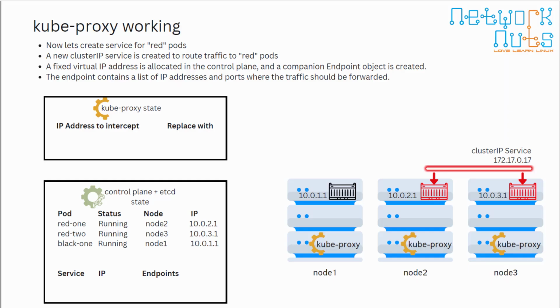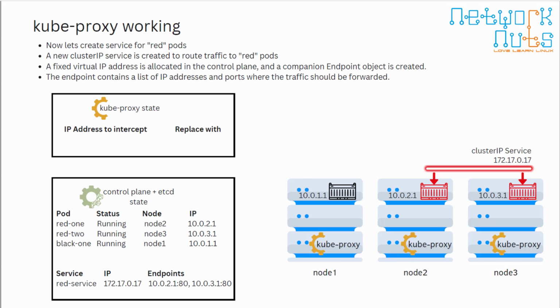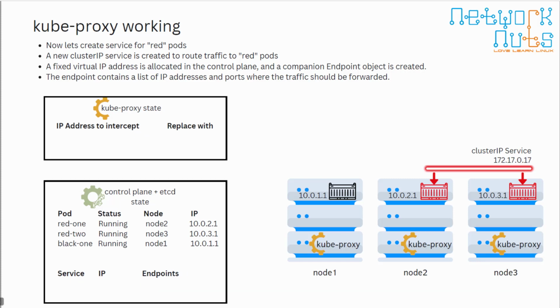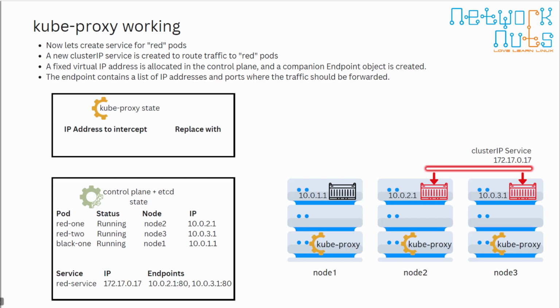Once the service is created, this got updated in my etcd, right? That we have a new service which has got these endpoints. Please understand this. This is before creating the service. Check the state, and once I create the service, this got added here. So here it is red service. In my case, it is web app service, and the IP is different, but the endpoints are there.